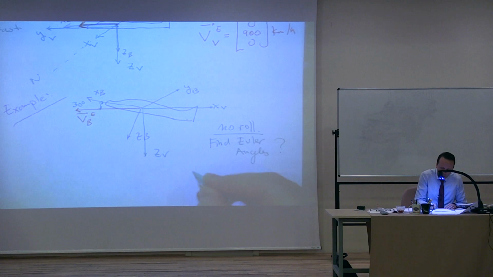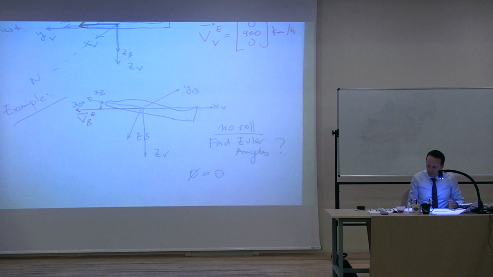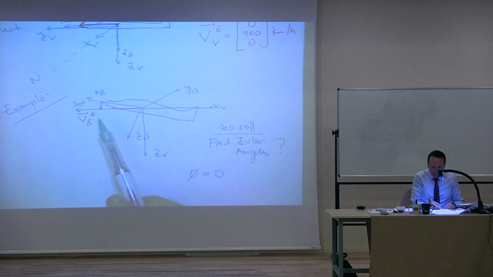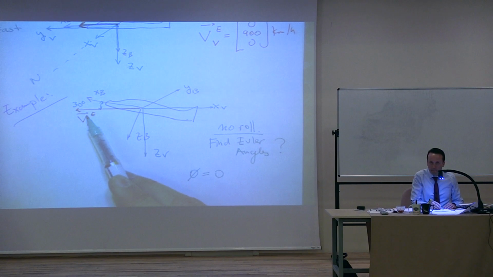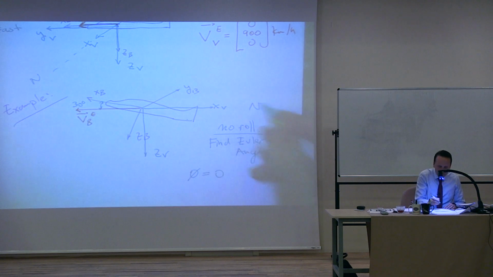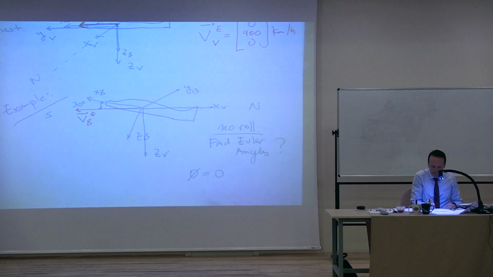Well, because it's no roll, first of all, phi is equal to 0, right? Well, because it is flying towards, oh, I didn't tell you, no, I did tell you, XV is this way, so which way is it flying? It's flying south. This is north, so this is south. So what is psi? What's the angle psi?